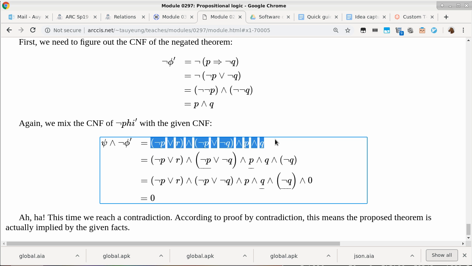Let's check. It doesn't look like it, but it does, because P by itself is P or false. So P by itself can resolve with not P or R. It can also resolve with not P or not Q. So by taking not P or not Q as one, and P or false as the other, I can resolve and end up with not Q as the result of the resolution. But the result of a resolution can be added to the conjunction without changing the meaning of the conjunction.